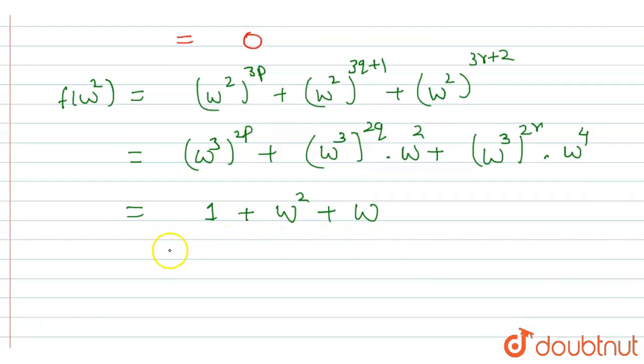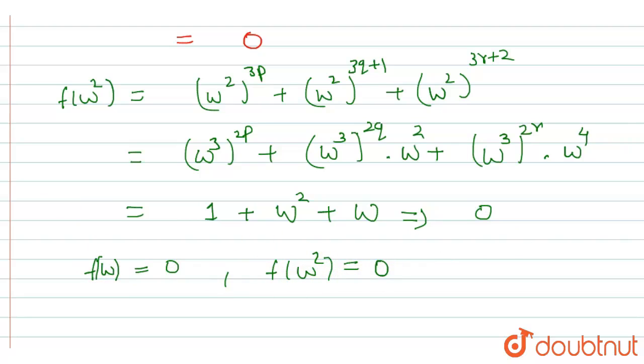Since we have already seen that 1 plus omega plus omega square is equal to 0, we have found that f of omega is 0 and f of omega square is also 0.